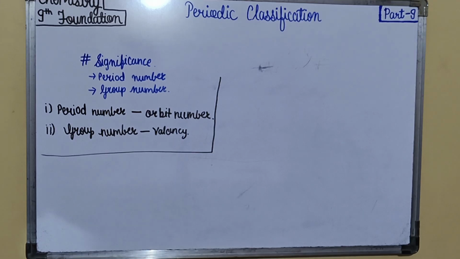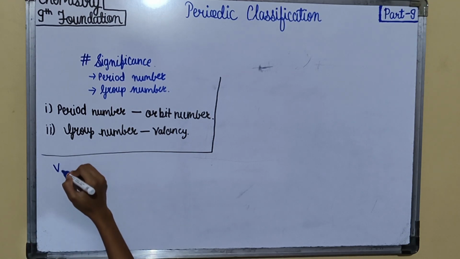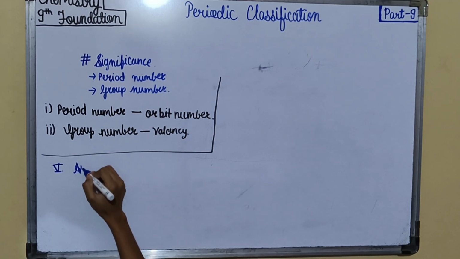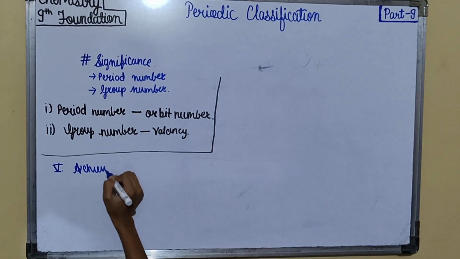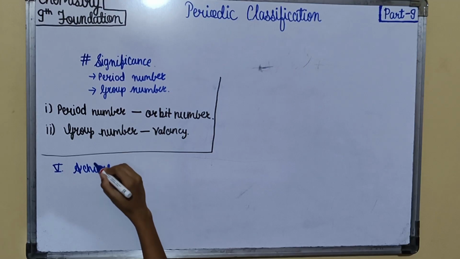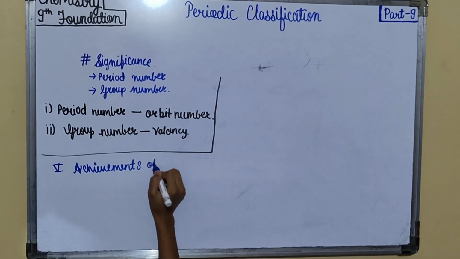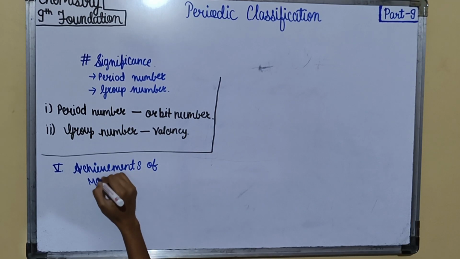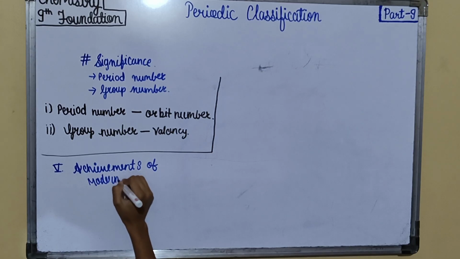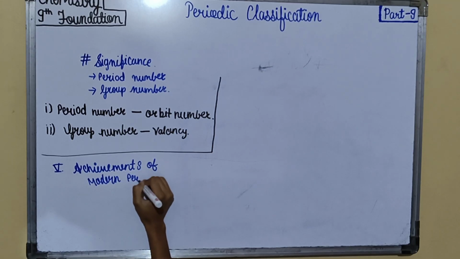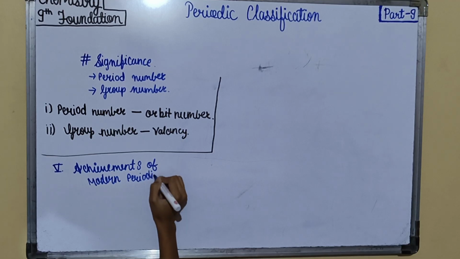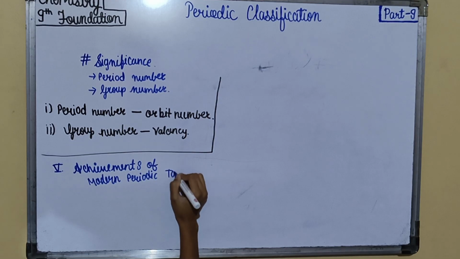Now the fifth point, by Moseley, the achievements of the modern periodic table.